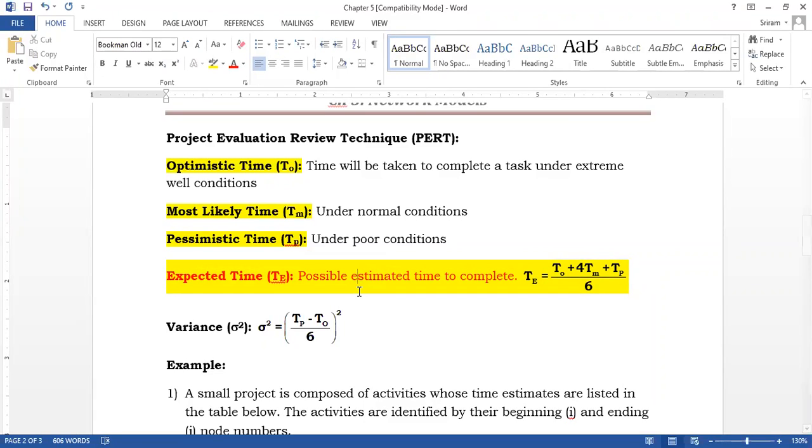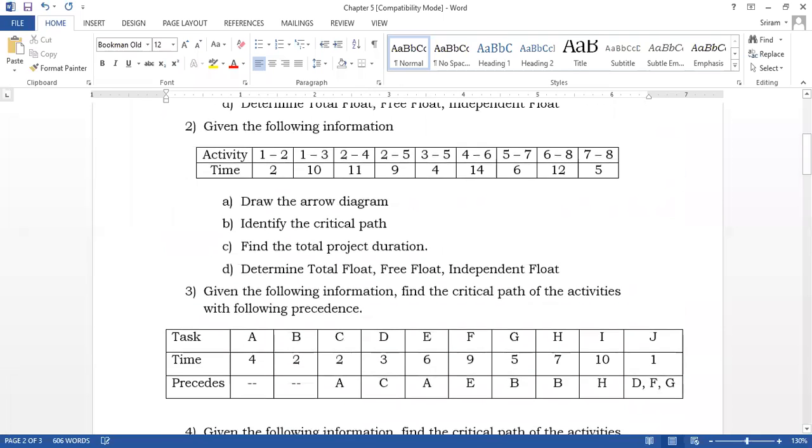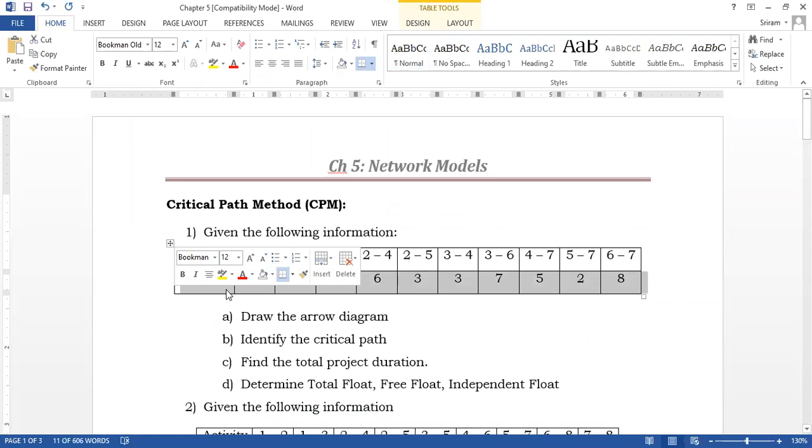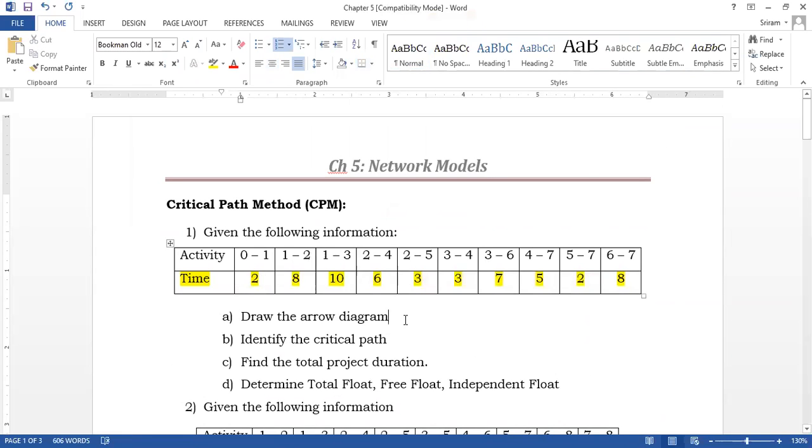We apply a rule: TE, the expected time, equals T0 plus 4Tm plus Tp, divided by 6. This TE is the time that was given in the previous model.